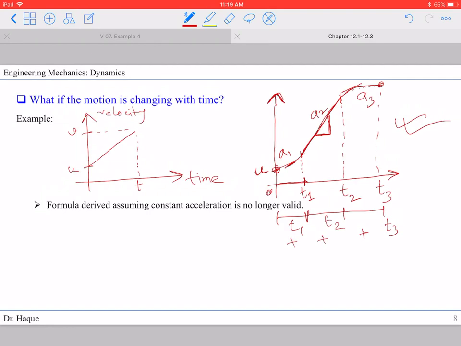This is one approach, and we'll see more about changing motion when we solve problems in the next video. So the formulas we derived assuming constant acceleration are not valid here, and we have to use this approach.